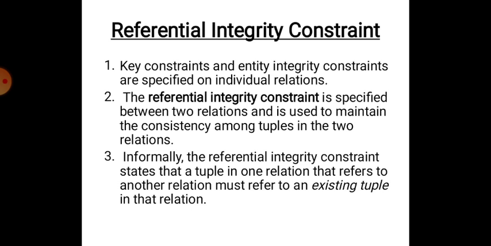Referential integrity constraints. Key constraints and entity integrity constraints are specified on individual relations. Point number 2, the referential integrity constraint is specified between two relations and is used to maintain the consistency among tuples in two relations.